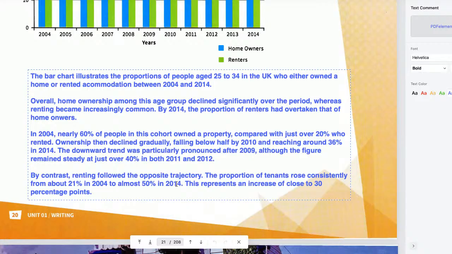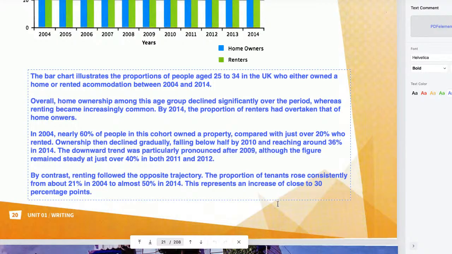So something interesting there, right? And also, just the same as the previous paragraph, we mentioned something interesting there. We said in the previous paragraph the downward trend was particularly pronounced after 2009, right? And something just remained steady in 2011 and 2012. So this time we also need to mention something special there.